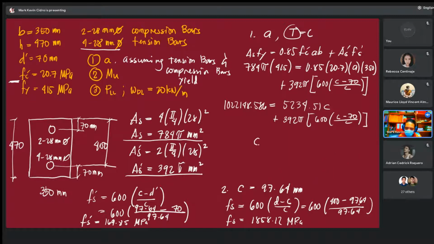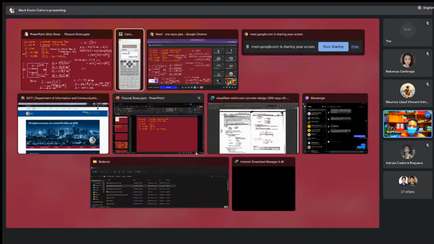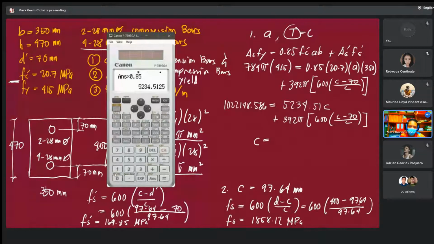So 1,022,148.586 is equal to 5234.51 multiplied by c plus 392 pi multiplied by 600 multiplied by (c minus 70 over c).